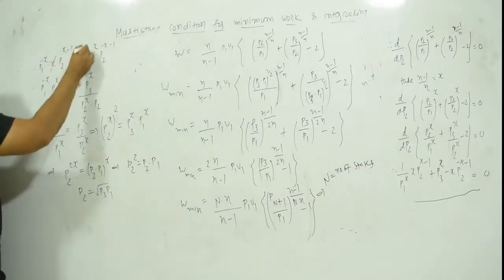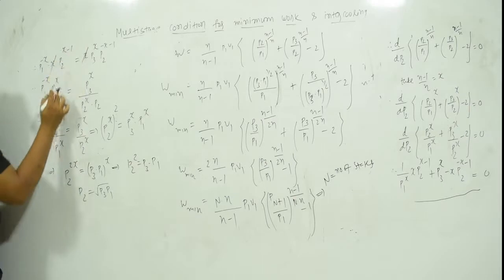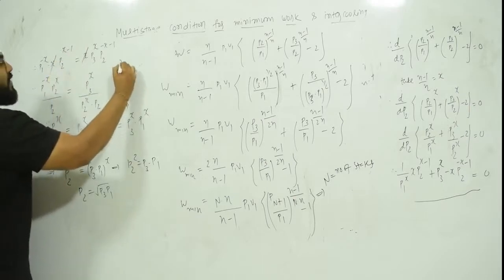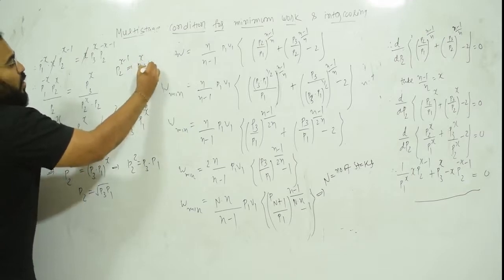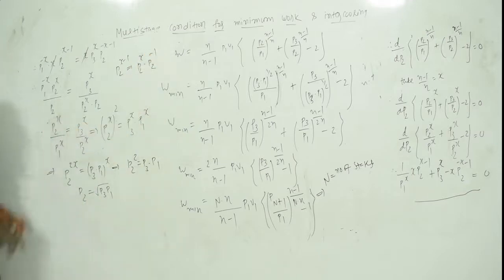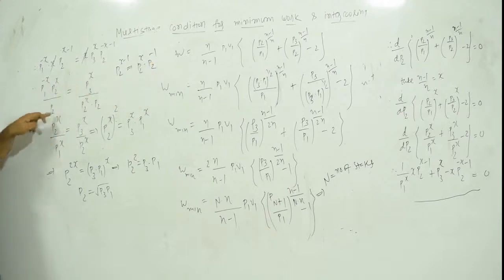So what will happen? x will be cancelled. So can I write something like this? P1 raised to minus x. This will be P2 raised to x minus 1. You know that P2 raised to x minus 1 can be written as P2 raised to x dot P2 raised to minus 1. So P2 raised to x will be as it is, and P2 raised to minus 1 means 1 upon P2. So it will go over here.